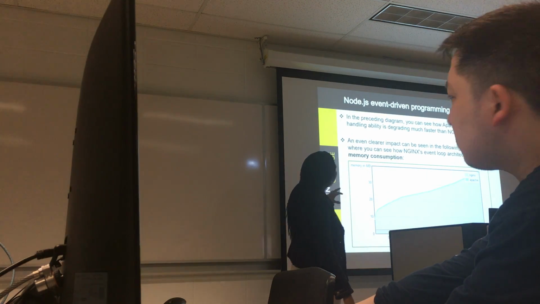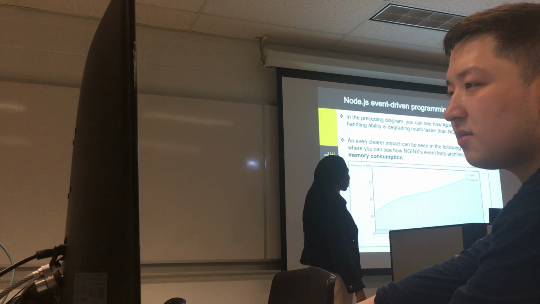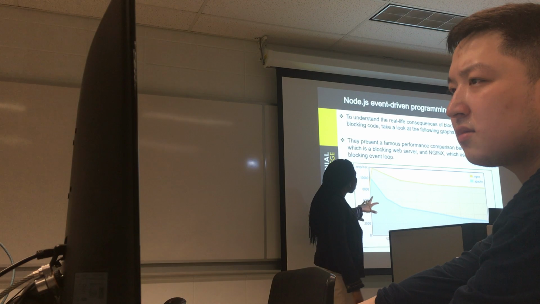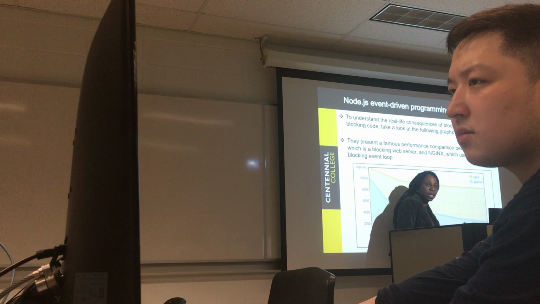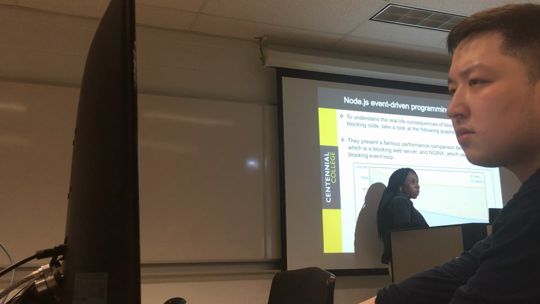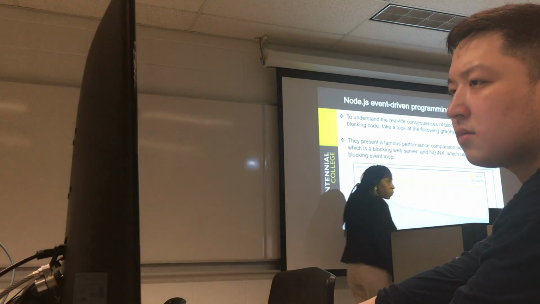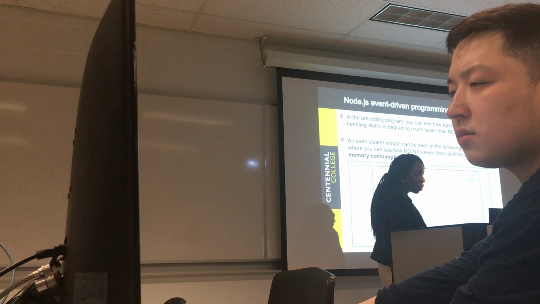If you look at it now, you see that Apache's request handling ability is degrading faster than that of Nginx. You can see from when you make a request that Apache degrades faster, while Nginx is still a little bit off. Right.